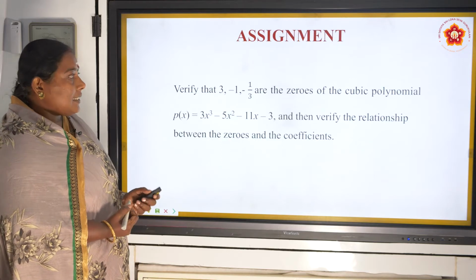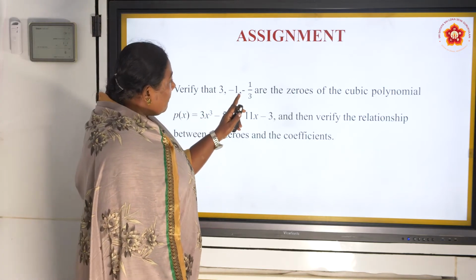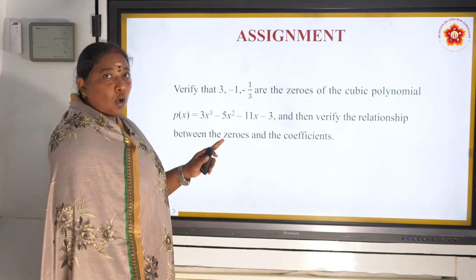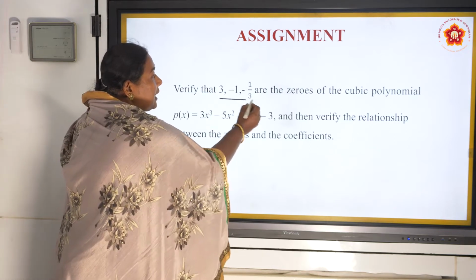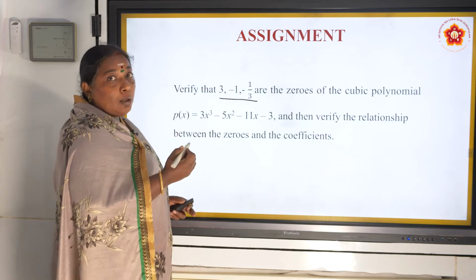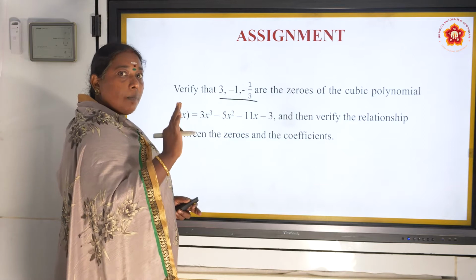Okay, our assignment: verify that 3, minus 1, and minus 1 by 3 are zeros of the cubic polynomial. So they have given three zeros. From that itself you could have understood that our polynomial will have 3 as the highest power.